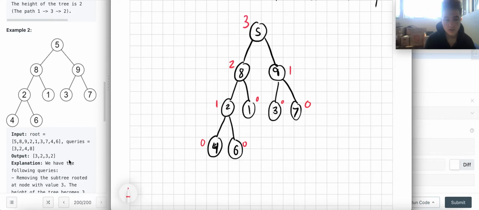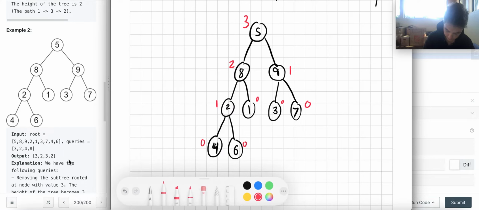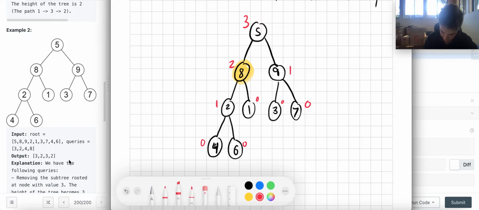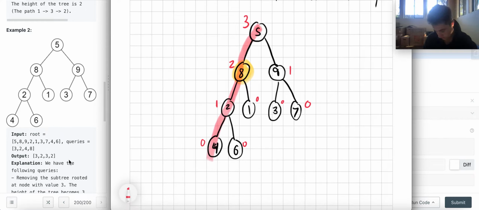Okay. Now, what does that mean for the consequence if a node is removed, right? Well, if we removed 8, for example, the max path is here, right?